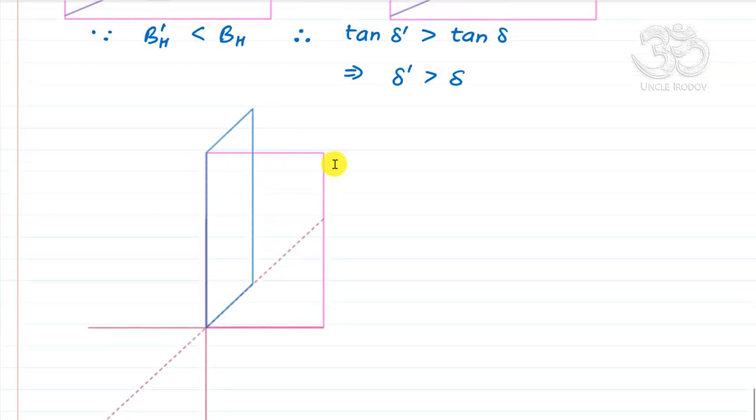So this plane, the pink one, is the magnetic meridian, and the blue one is a plane that is perpendicular to the magnetic meridian. And this blue one is a plane perpendicular to the magnetic meridian.